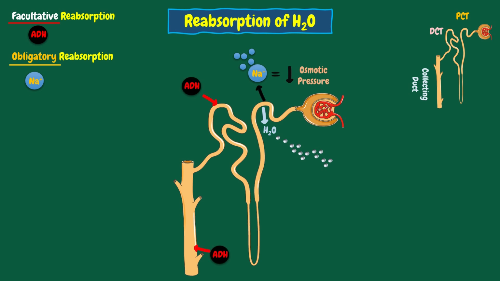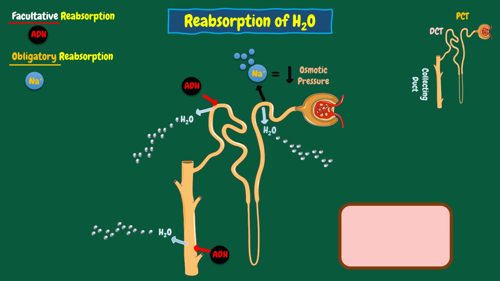But in the presence of antidiuretic hormone, these segments become permeable to water, so it is reabsorbed. Now, let's discuss the mechanism of action of antidiuretic hormone through aquaporins. Antidiuretic hormone increases water reabsorption in distal convoluted tubules and collecting ducts by stimulating the water channels called aquaporins.